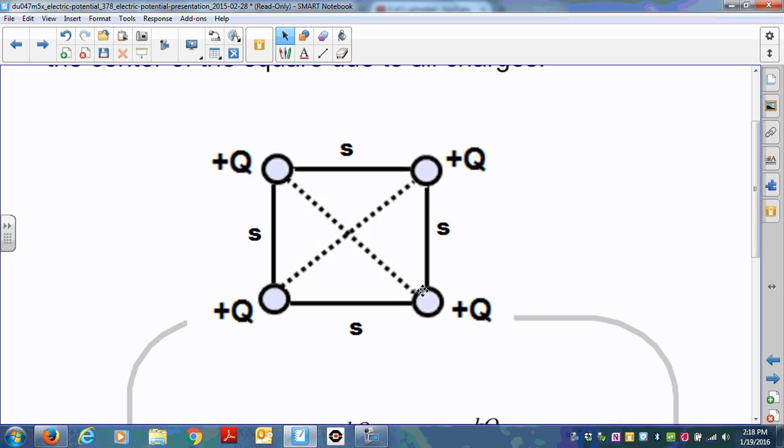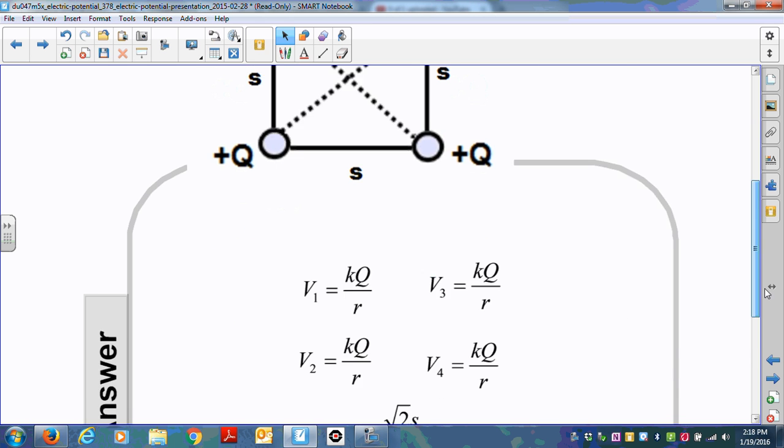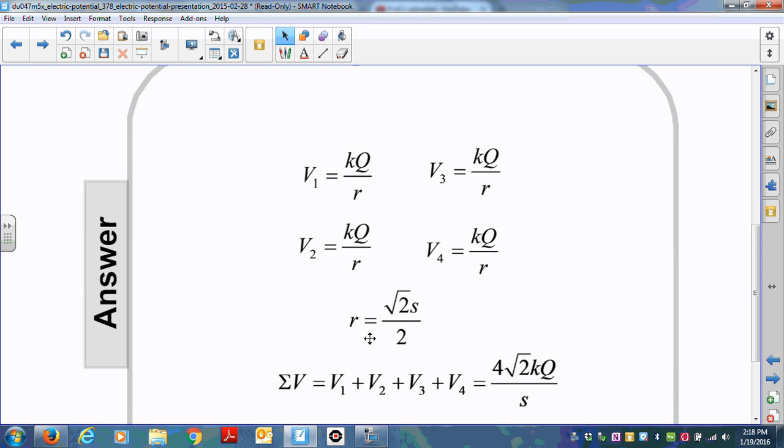If you take the diagonal of this, it's going to be the square root of S squared plus S squared, which is the square root of 2S squared. Taking the square root of that, you end up with the square root of 2 times S. You want to cut that in half because you only want to go halfway. And so that ends up giving us the square root of 2 S over 2. So that's where R comes from.